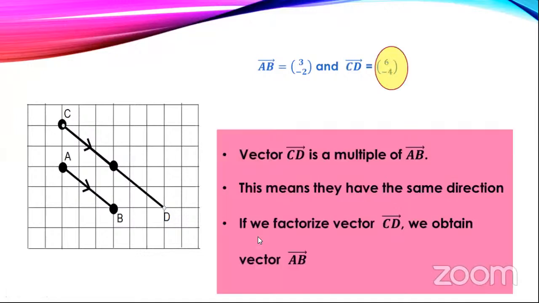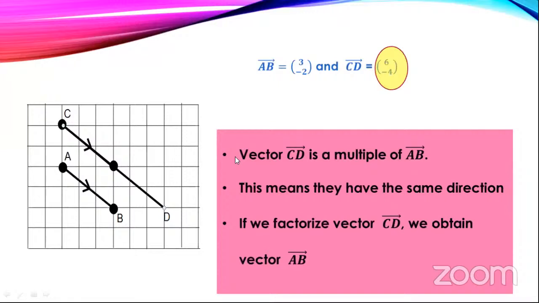We just wanted to show you some key takeaways from this activity. Vector CD is a multiple of AB. As we give you these, we use these words and try to coin the phrases and statements for you in your preparation to answer questions.